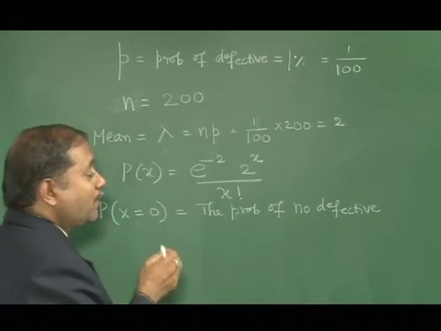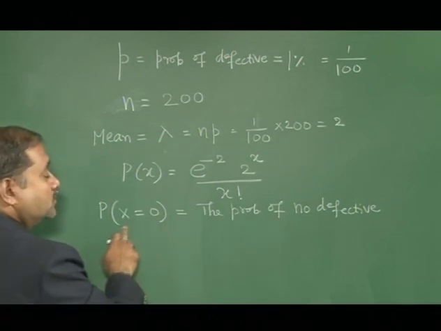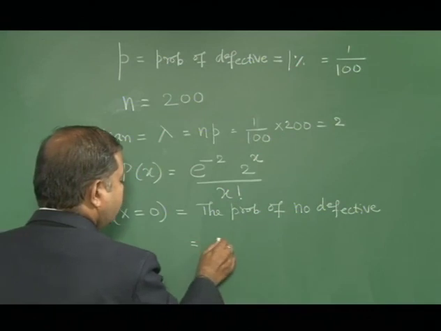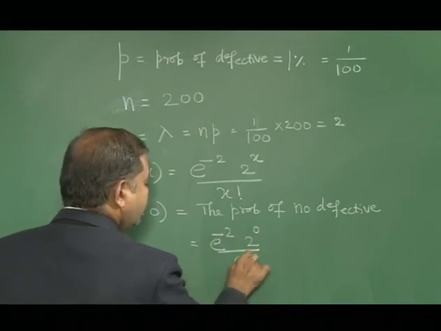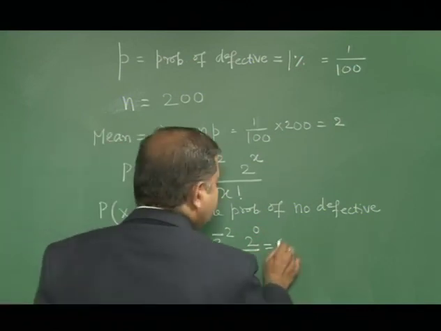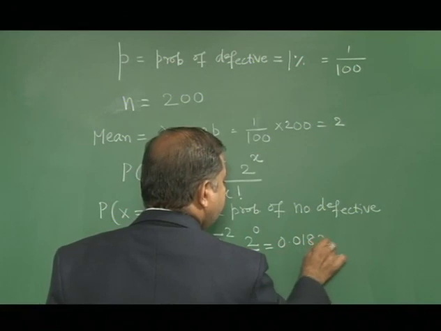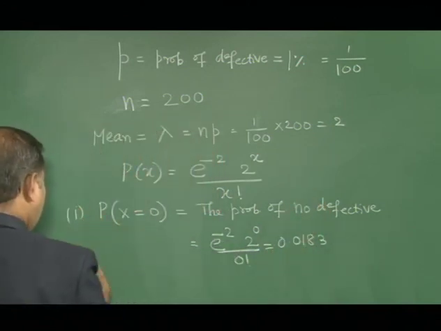So the probability of no defective, for that I should put x is equal to 0. What happens? E power minus 2, 2 power 0 by 0 factorial. The answer is coming to 0.0183. This is the first question.